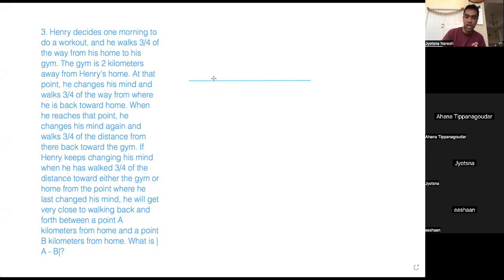So we know these points are A and B. Let's mark them here. And we know the total length is 2 kilometers.